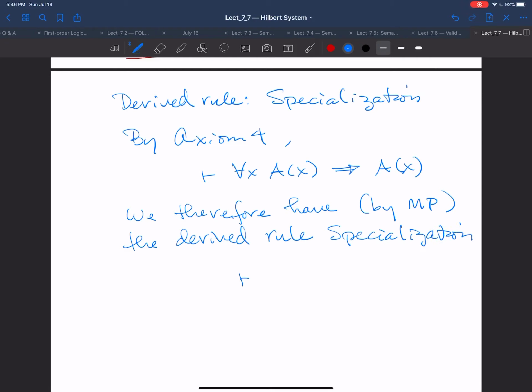It's simply that from for all x, A of x, if we can deduce that, then we can deduce A of x itself. So we can get rid of the universal quantifier. That's a relatively straightforward derived rule. And you can easily check, according to our definition of formal semantics, that if for all x, A of x is valid, then so is A of x.